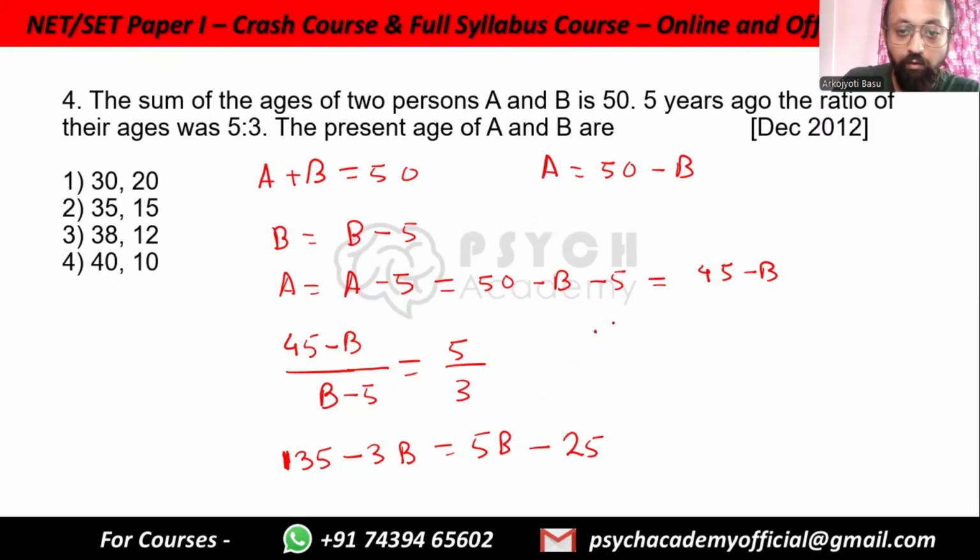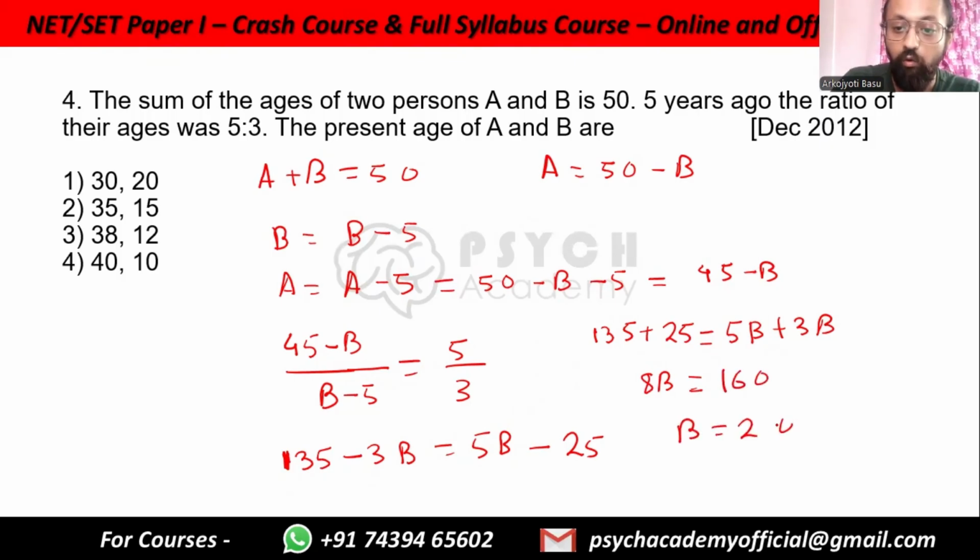We take the 25 over there, so 135 plus 25 is equal to 5B plus 3B, which is 8B is equal to 160.